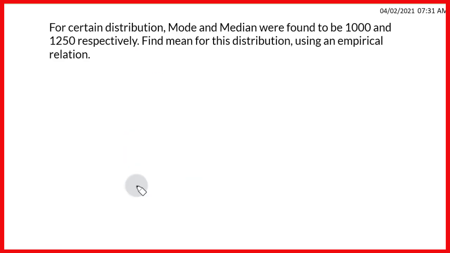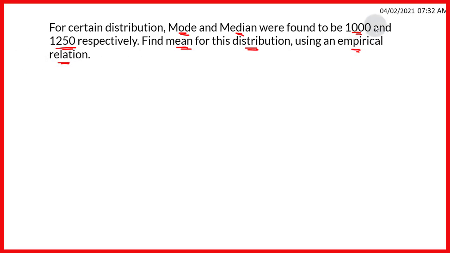Here is the second question on the screen. For a certain distribution, mode and median were found to be 1000 and 1250 respectively. Find the mean for this distribution using an empirical relation.